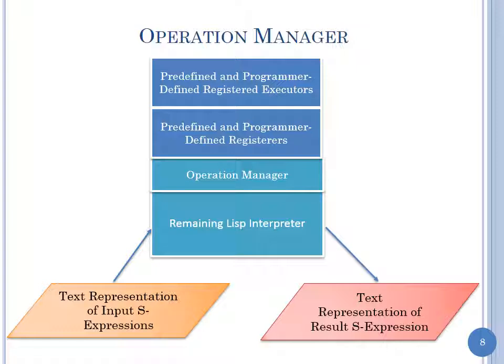And then you have the executors also, which are the ones that are registered. Okay. Actually, I got the layers wrong. The executors should be below that because the registrars know about the executors. So the executors are on top of the operation manager, and the registrars are on top of the executors because the registrars refer to the executors. Okay. Questions?